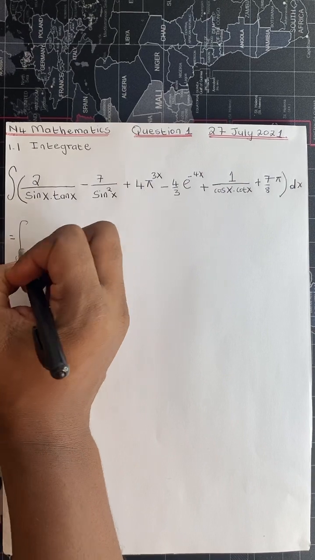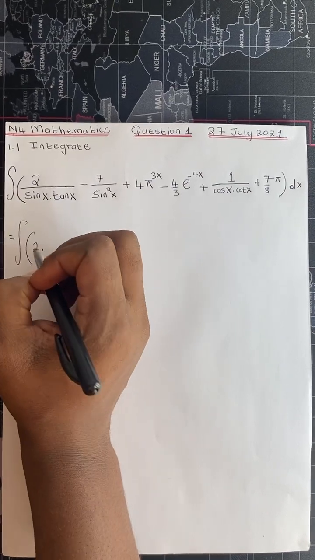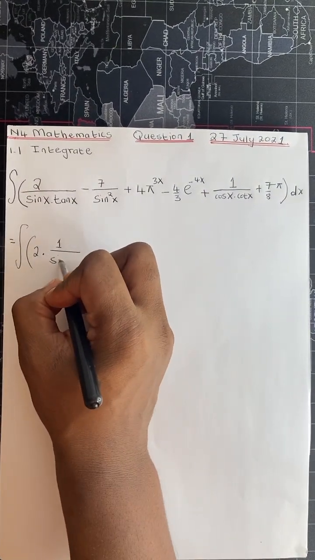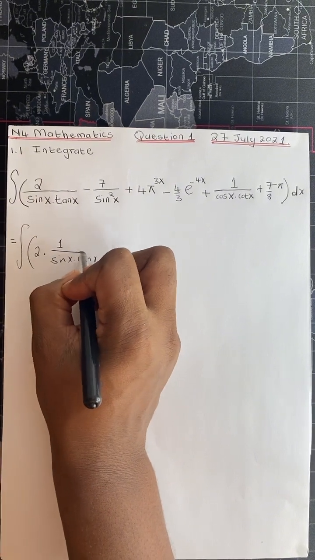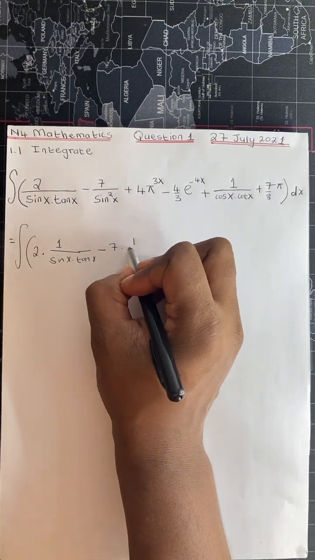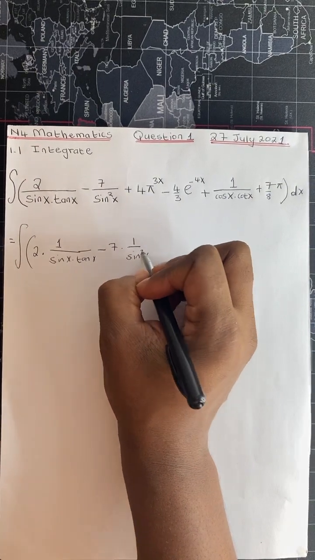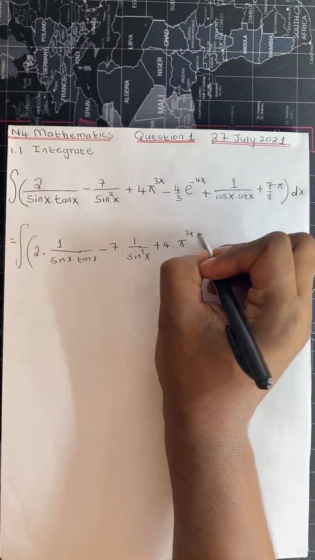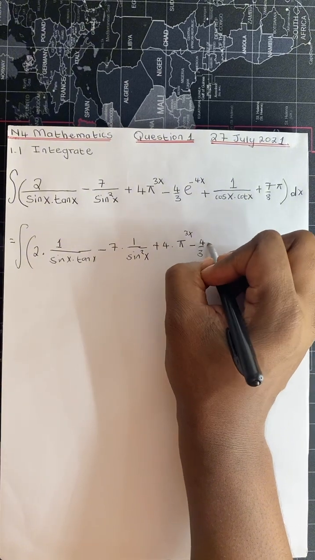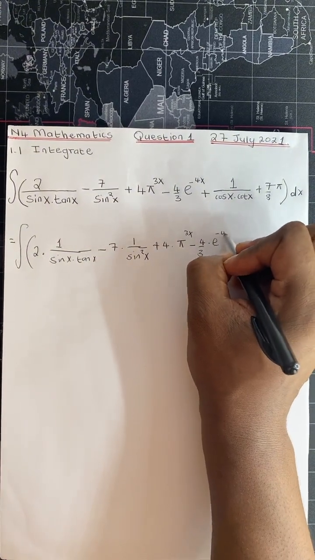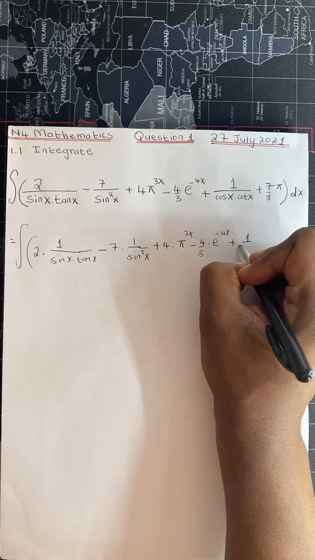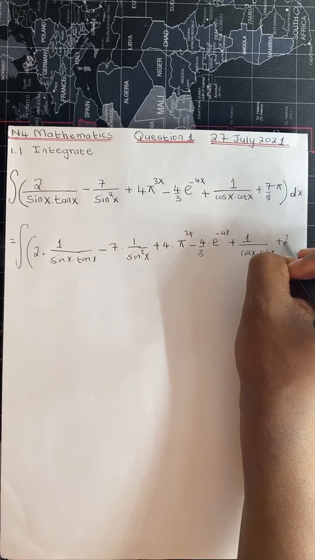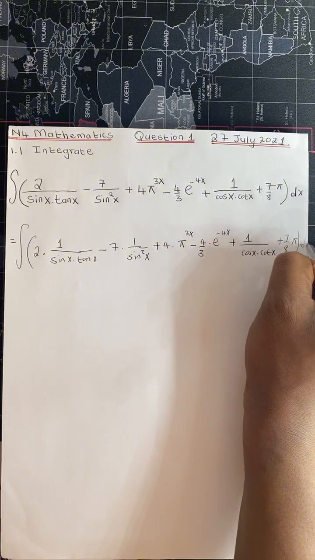This will be equal to the integral of 2 multiplied by 1 over x minus 7 multiplied by 1 over sin squared x plus 4 times pi to the power 3x minus 4 over 3 multiplied by e to the power negative 4x plus 1 over cos x cot x plus 7 over 8 pi dx.